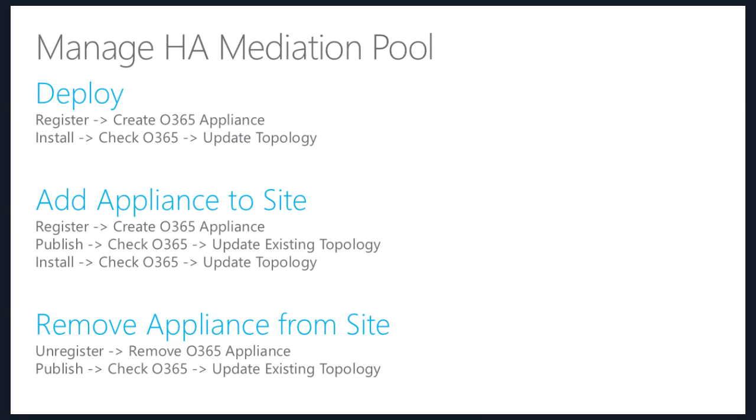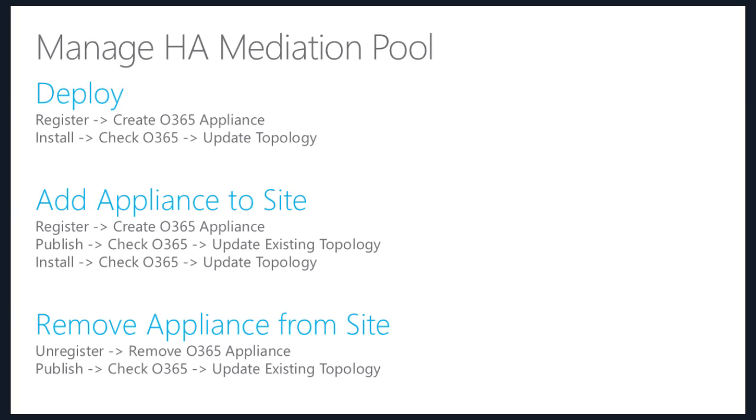Now, here's where it gets interesting, right? Because when I go to register that second appliance, that second appliance knows about the entire topology, including the first one, because I had to update the Cloud Connector INI file and so forth. So that new appliance knows everything. But the first guy, he doesn't, right? Because at the time that he got deployed, he was the only guy there. He was the singular appliance.